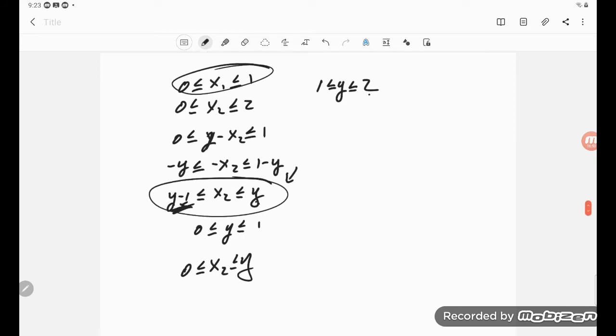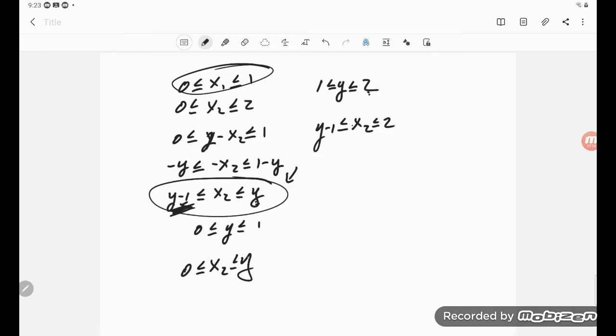And so this lower bound is, in this case, y minus 1 less than or equal to x2. And then the upper bound, well, because x2 could get as big as 2, then this is y.